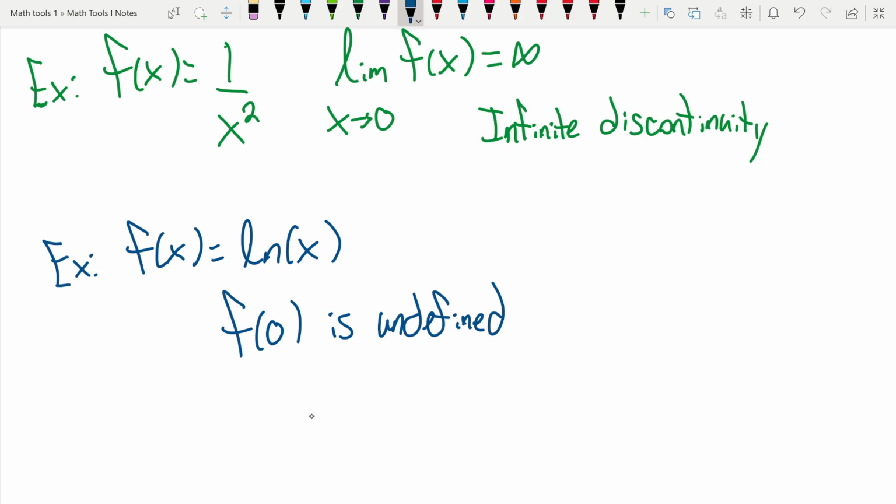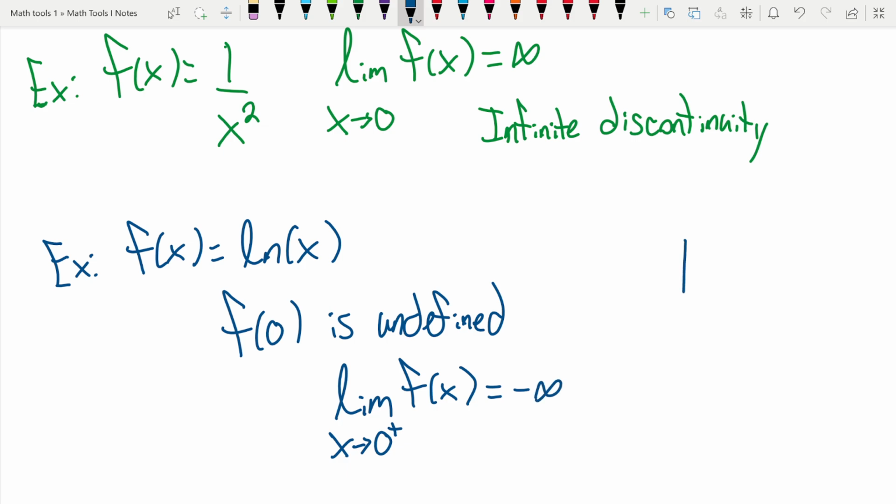So it's a little bit tricky here because we can't even really talk about the limit from the left side because this function is not defined to the left side of 0. But we can still talk about the limit from the right side, right? So the limit from the right side of f of x is equal to negative infinity, okay?